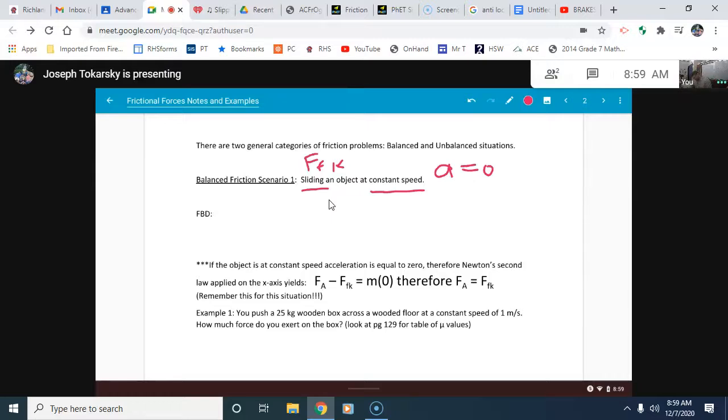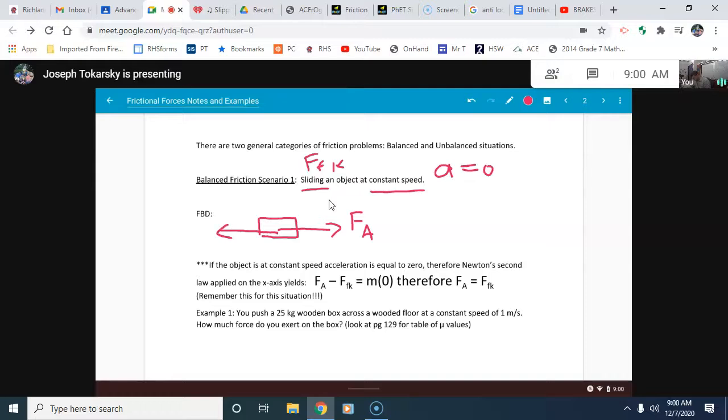So let's draw a free body diagram of an object undergoing something like this. To slide at a constant speed, we have to continually apply an applied force to counteract the force of friction in the opposite direction.